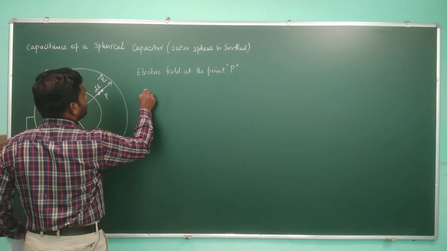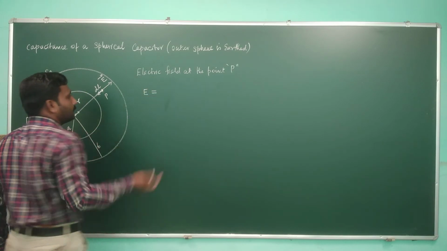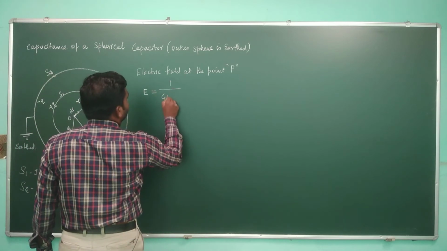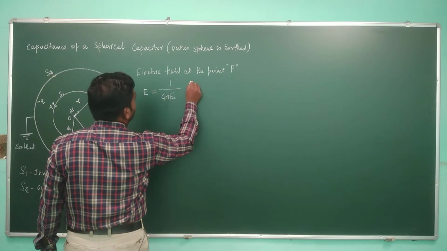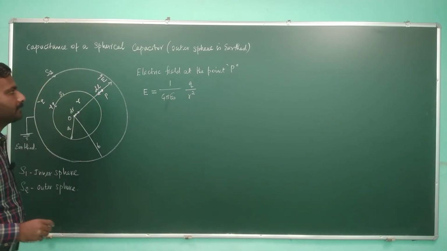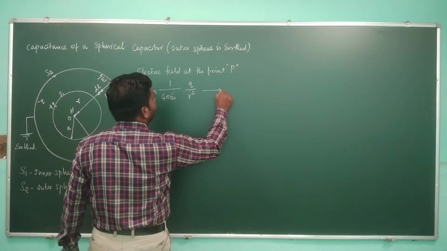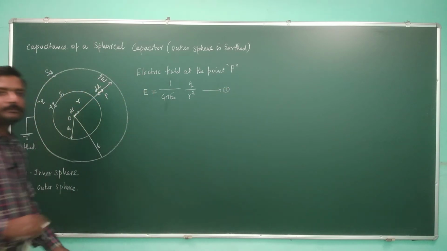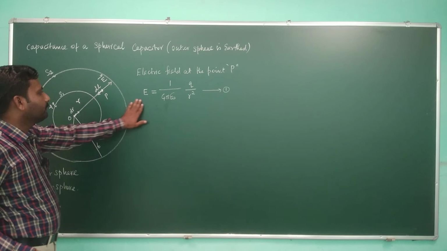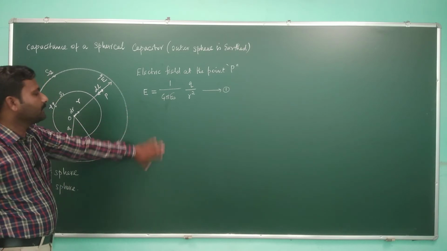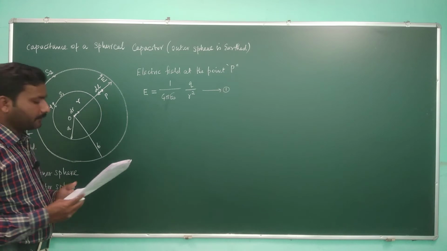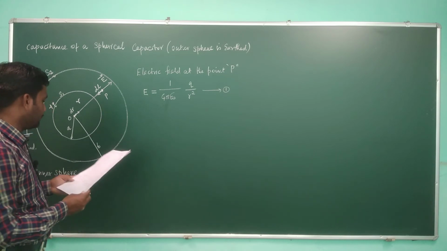Which formula? In the first lecture we have deduced one formula, that is 1 by 4 pi epsilon naught q by r square. This is the equation for electric field 1. Okay, this equation you can write if we calculate an electric field in the vicinity of the charged particle. Right? Fine.